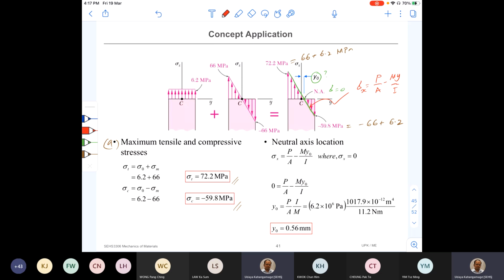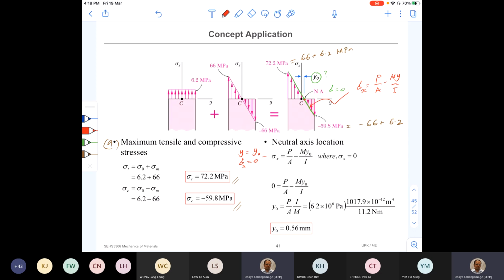Okay. So now what we need to find out is, what is the stress when y is equal to y0? So when y is equal to y0, sigma x is going to be equal to 0, because at that point the stress is, you can see, 0. That is where the neutral axis is.